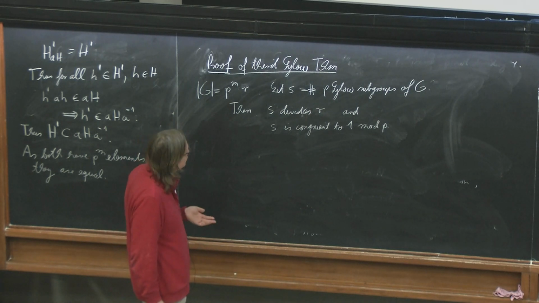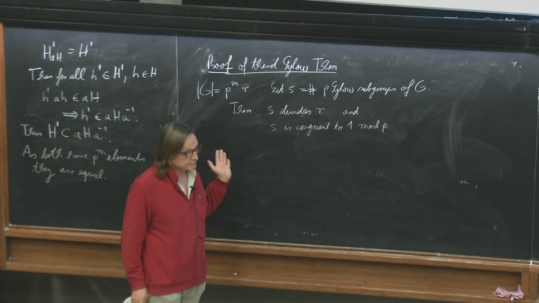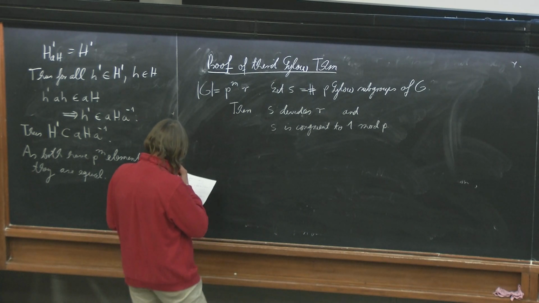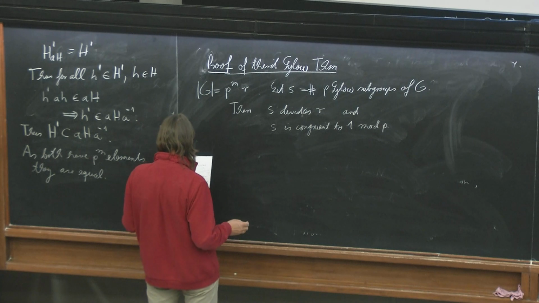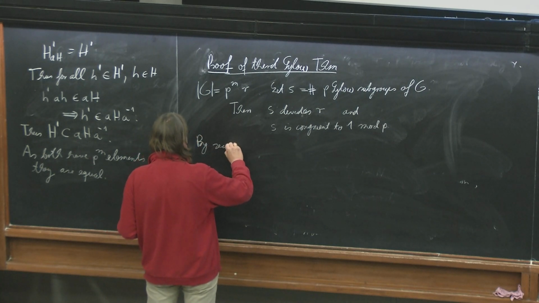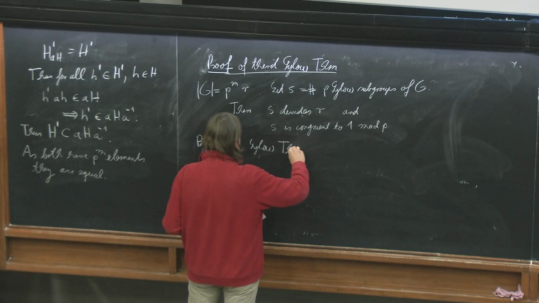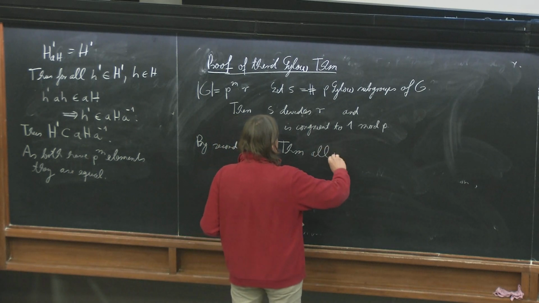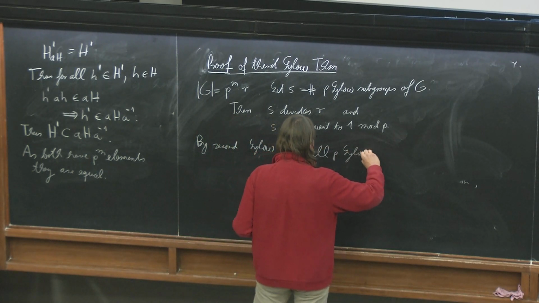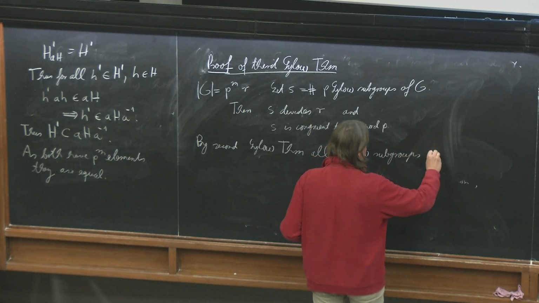So therefore, the most natural thing is to look at the action of G on the p-Sylow subgroups by conjugation and see what that does. So by the second Sylow theorem, all p-Sylow subgroups are conjugated.